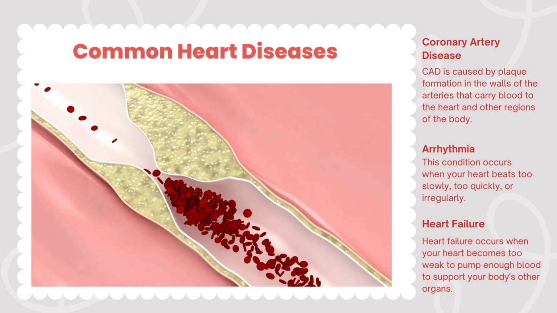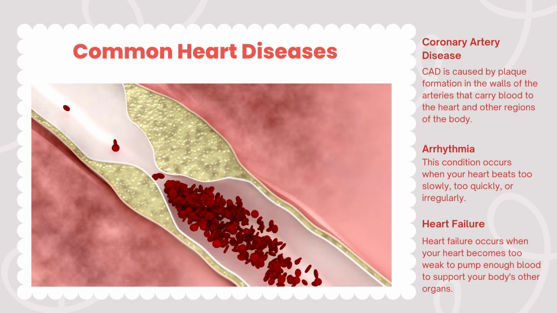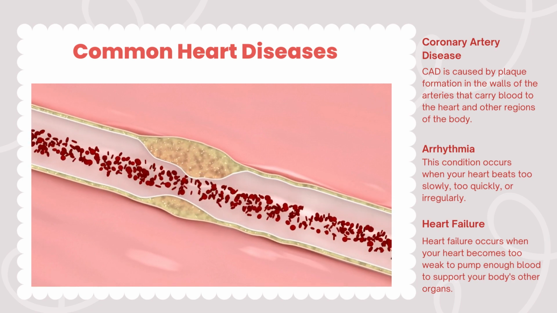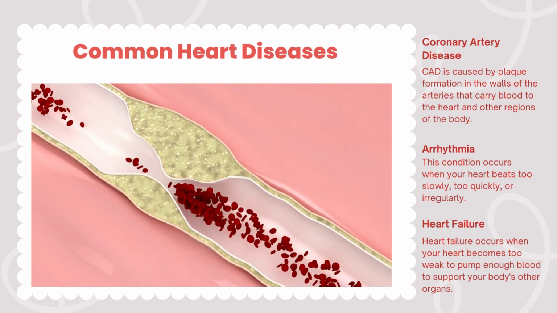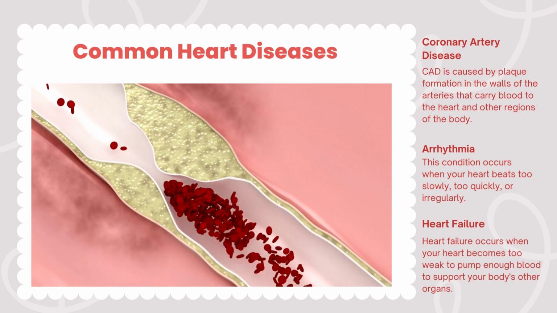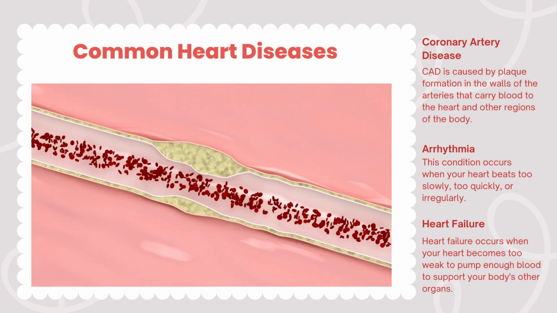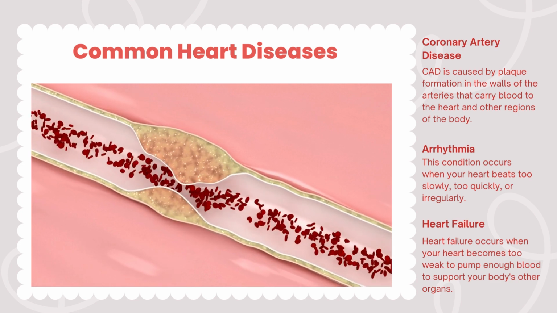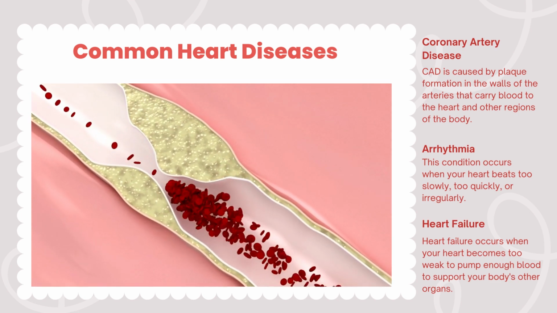Another common heart disease that we see is arrhythmia. This condition happens when your heart beats either too slowly or too fast, or maybe in an irregular way. One common example is atrial fibrillation. You might also hear atrial flutter. And there are also things like PAC, a premature atrial contraction, or a PVC, premature ventricular contraction.